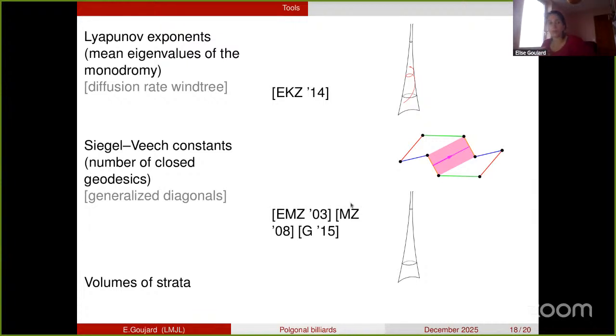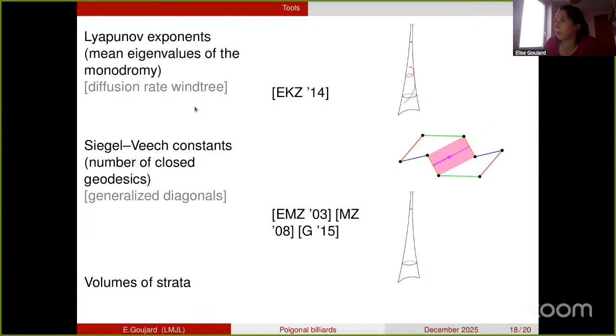So basically, if you have volumes, you can get Siegel-Veech constants, and maybe you can get information about Lyapunov exponents, which is in some cases sufficient. For instance, this 2/3 was just obtained because we know that the sum is equal to something. The first one is equal to 1, so we get that the second one is equal to 2/3.